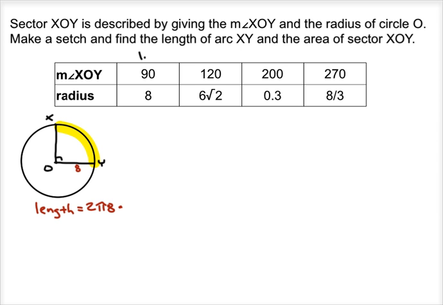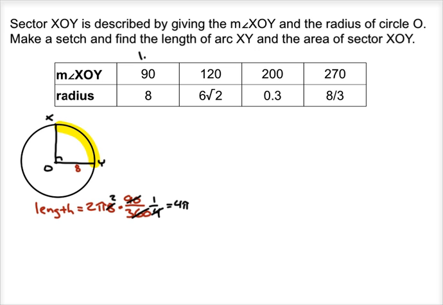If you don't notice that, you just multiply by 90 degrees out of 360 degrees, and 90 out of 360 reduces to 1/4. Now I'm just multiplying a quarter times what the circumference would have been. I also notice that I can reduce here. 4 goes into 8 twice. So if I multiply what's left, I have 2 times 2 times pi, which is 4 pi.